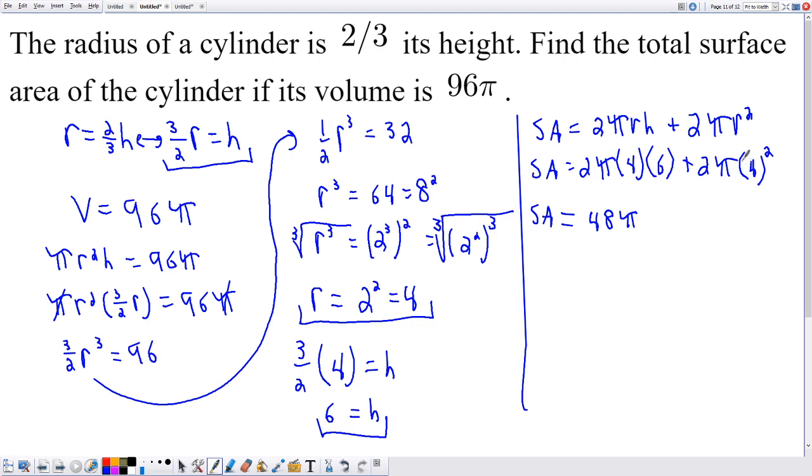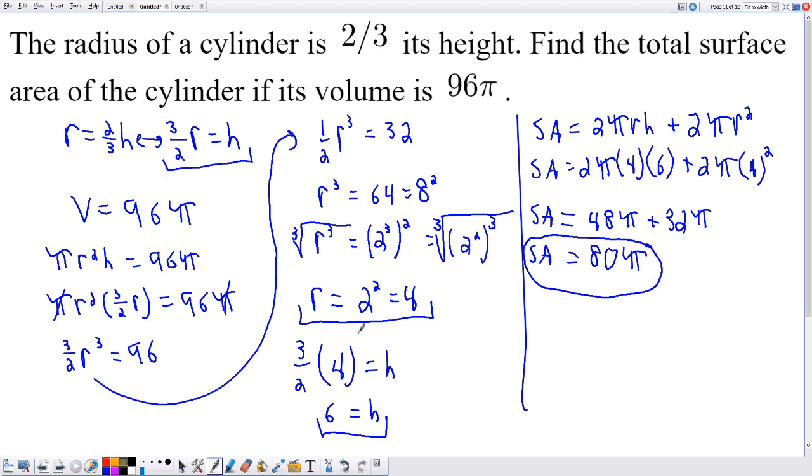And 2 times 4 squared, well, that's 32 pi. So we can combine our terms. 48 and 32 is 80 pi. So our surface area ends up being 80 pi.